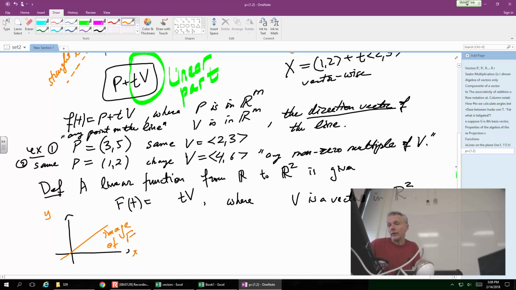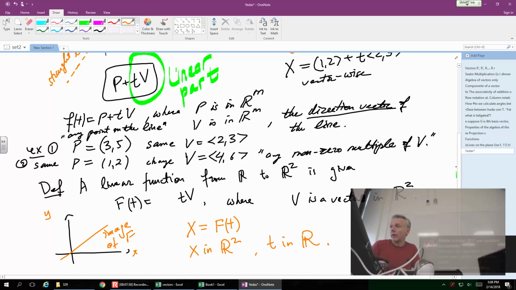You can write it in this way, once again following the idea of vector notation: X is equal to f of t, with X in R2 and t in R. Using the notation I have used, a function f is from R to R2, a one-dimensional numerical domain and a two-dimensional vector codomain.